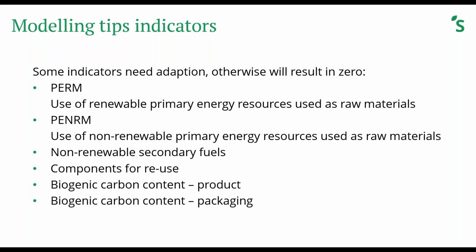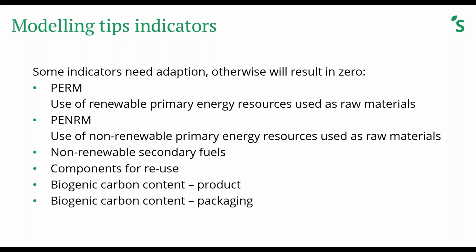The use of renewable primary energy resources used as raw materials is typically something that you can only assess for your product, so it is really something that is in your LCA model.